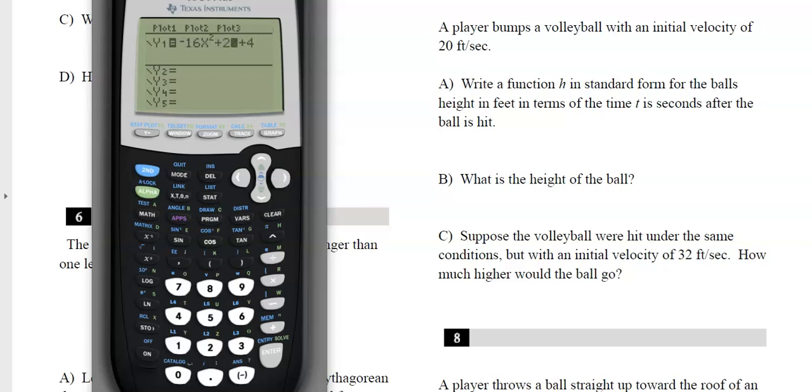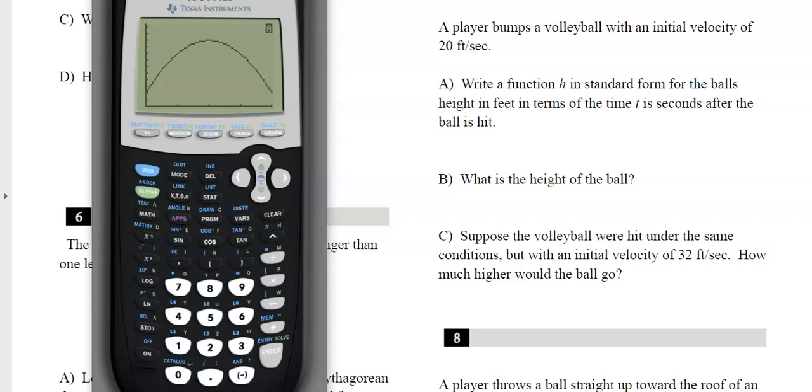So delete, and I'm just going to retype it, 32x plus 4, and let's get the new maximum height. Still fit in the picture, but a lot higher. So let's recalculate.